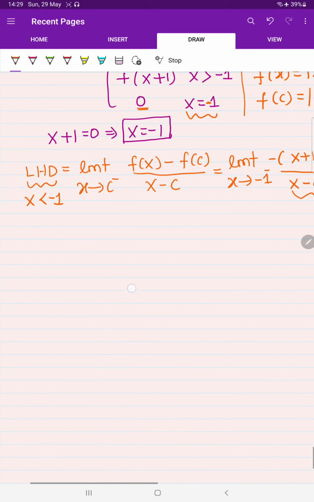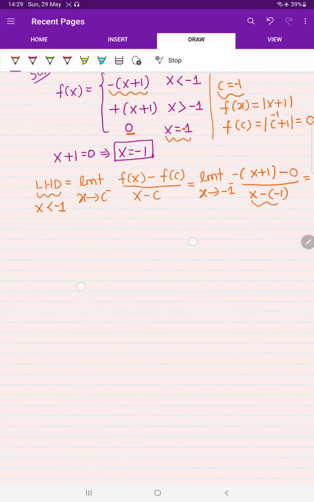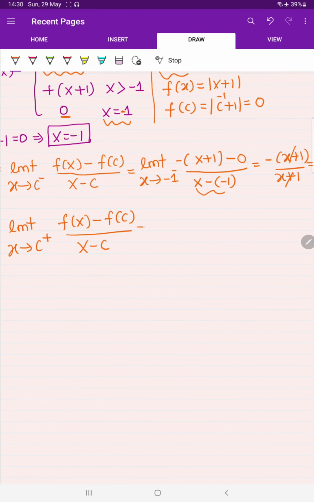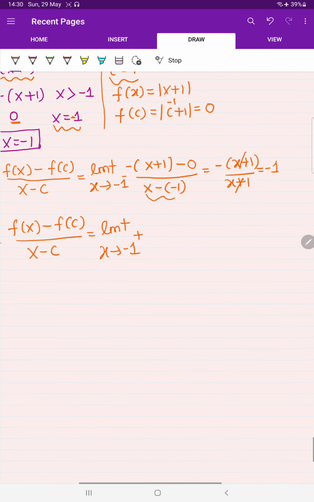In the same way, let us define the right hand side derivative also. Right hand side derivative will be equal to, what is the formula? Limit, now we have to approach from the right hand side, and I have to define f of x minus f of c upon x minus c. But here we have to take care of these limits first. The limit x value is minus 1 only. Since we are approaching from the right hand side, I have to put the plus.